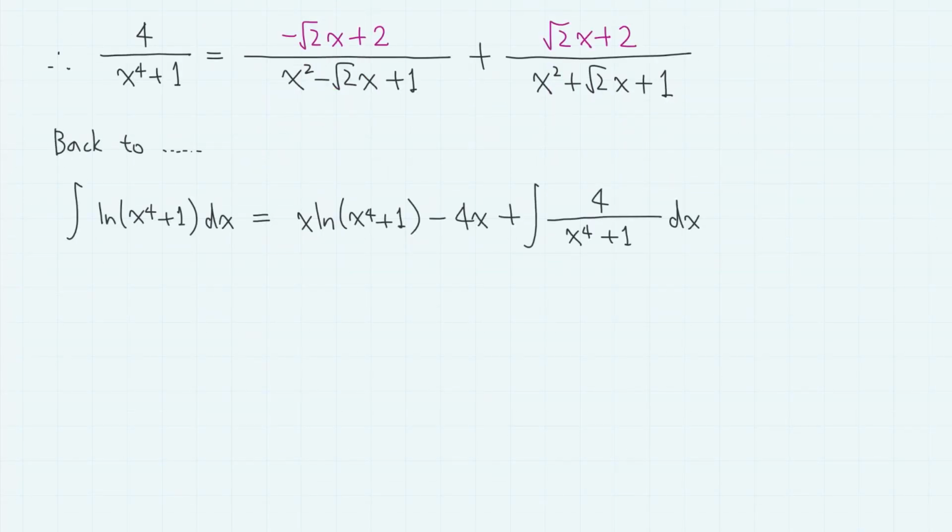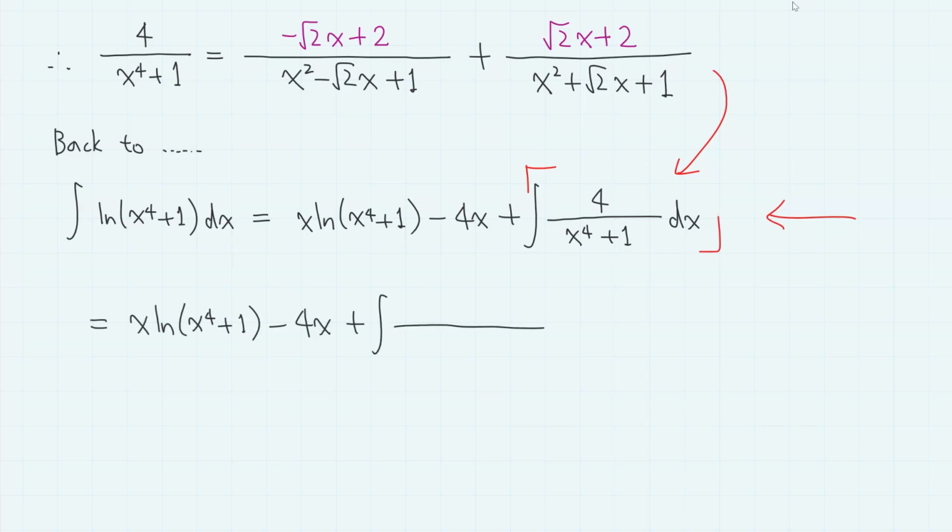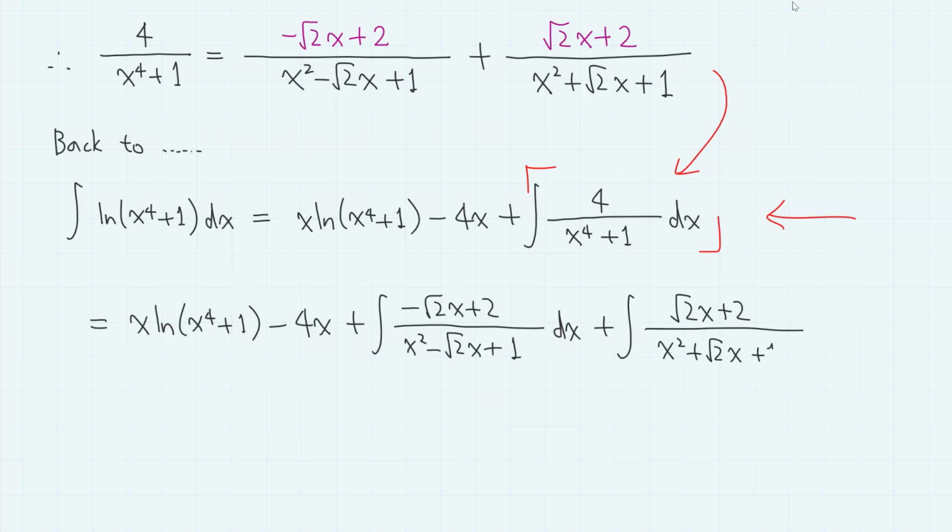So now we return to our most recent progress, which is this step, and apply our partial fraction here, which gives the integral of (minus square root of 2 x plus 2) divided by (x squared minus square root of 2 x plus 1) plus the integral of (square root of 2 x plus 2) divided by (x squared plus square root of 2 x plus 1).